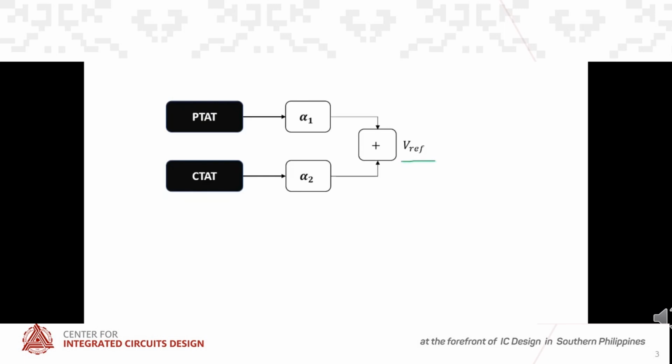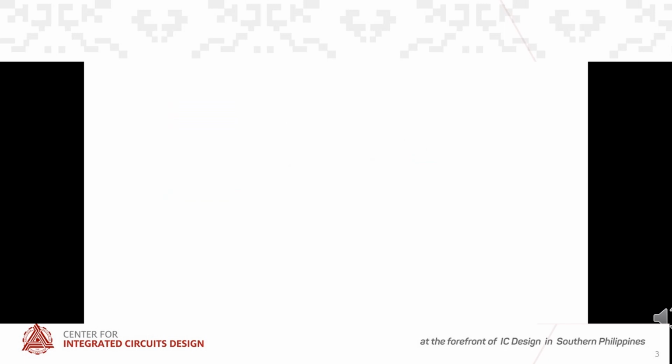We have here the PTAT multiplied by alpha 1, or the multiplying factor, then the CTAT multiplied by alpha 2, then add them together, then we can have the voltage reference. Just make sure this alpha 1 and alpha 2 scale up or scale down the values so that they cancel each other, so we can have an output of voltage reference.